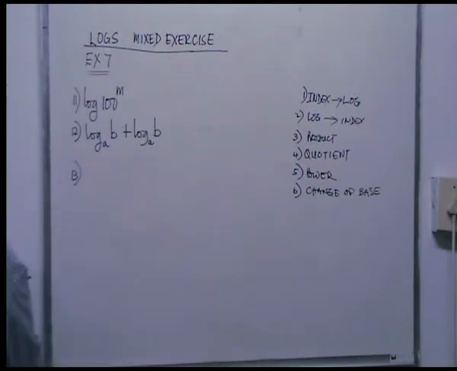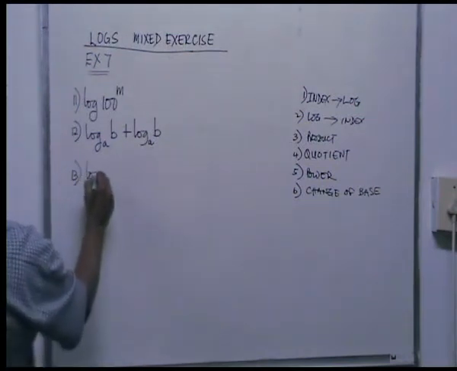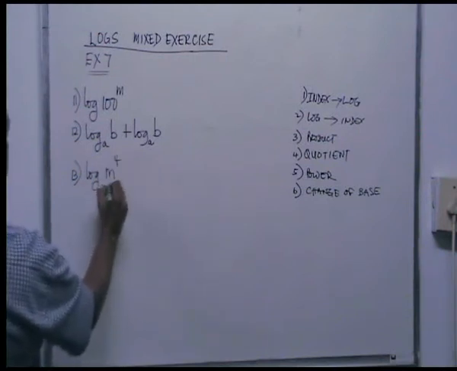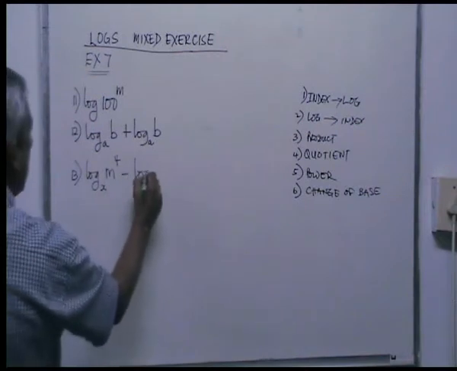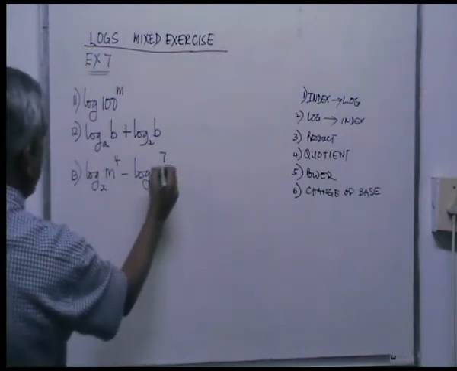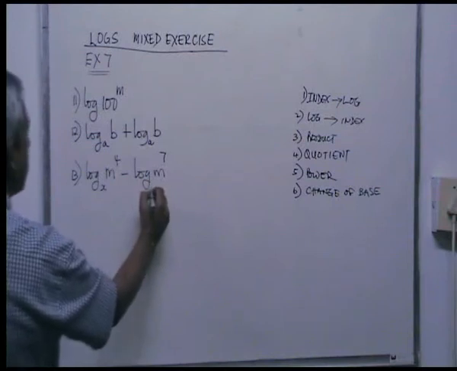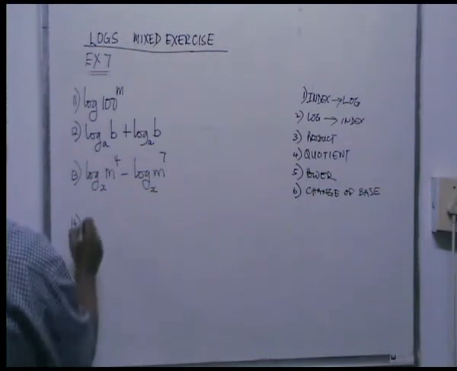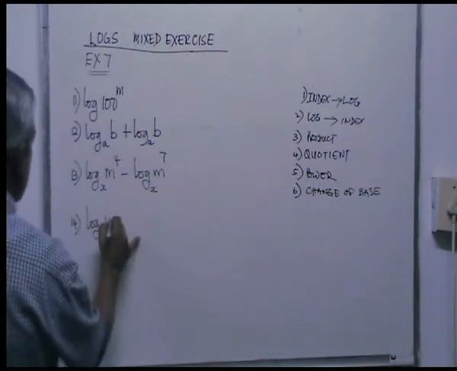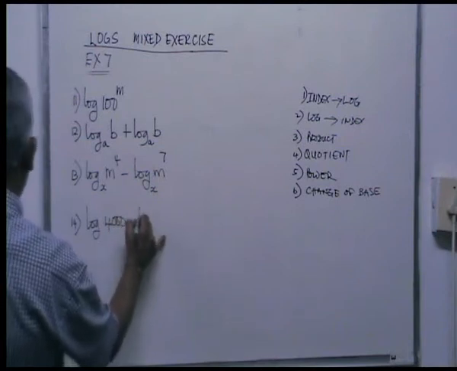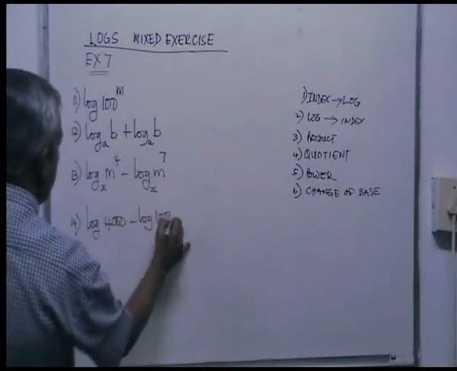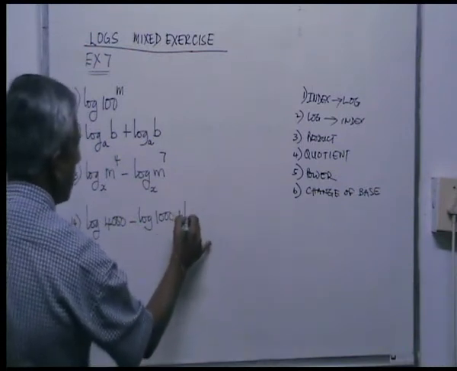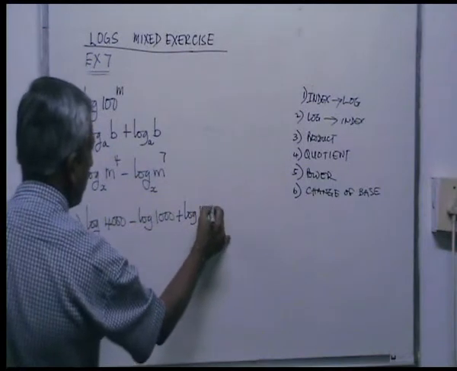Number 13, log of m to the 4 to the base x minus log of m to the 7 to the base x. Number 14, log 4000 minus log 1000 plus log 125.